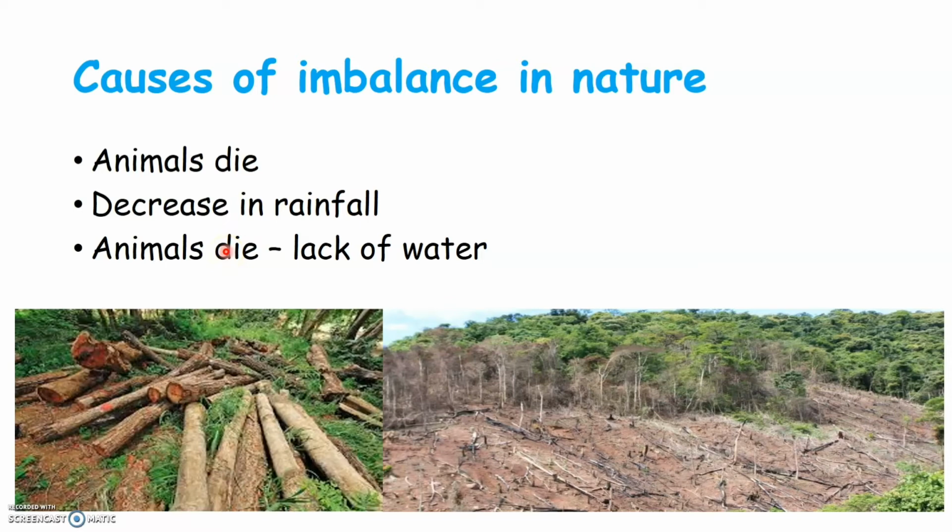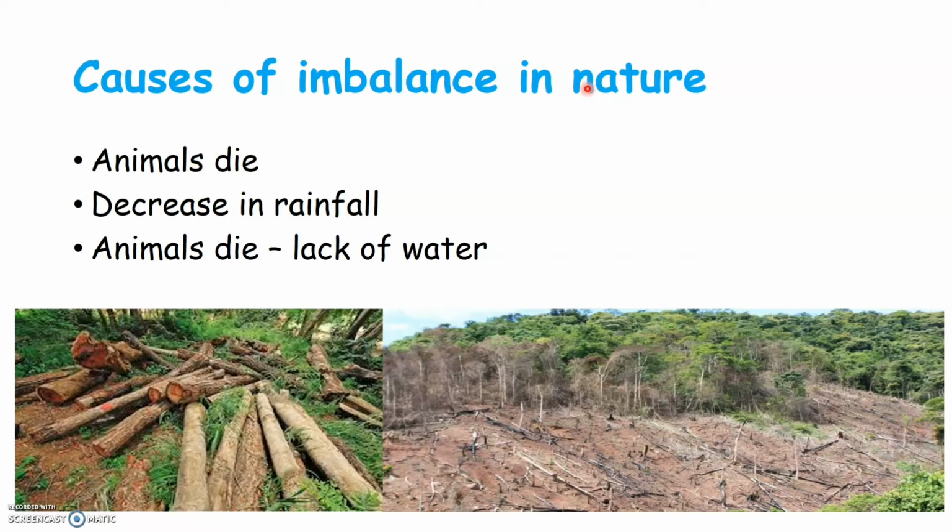So deforestation causes animals to die. It also leads to a decrease in rainfall, finally leading to the death of animals due to lack of water. So now we have learned that deforestation will lead to animals' death and it will cause an imbalance in nature.